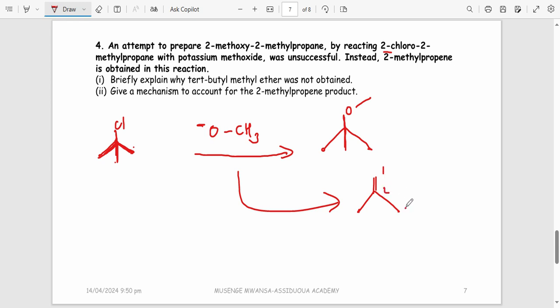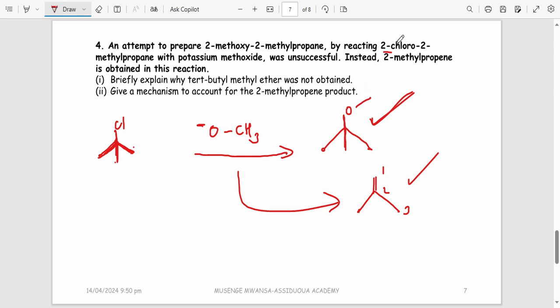At position number 2 I've got a methyl, so this is 2-methylpropene. The question is, why did we get this instead of getting this? Briefly explain why tert-butyl methyl ether was not obtained.